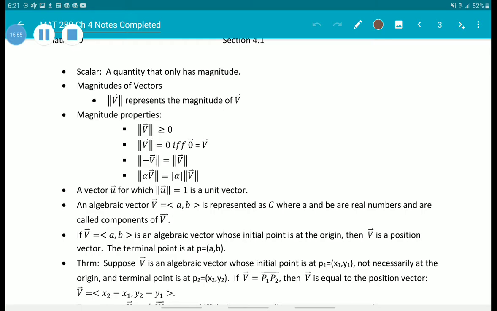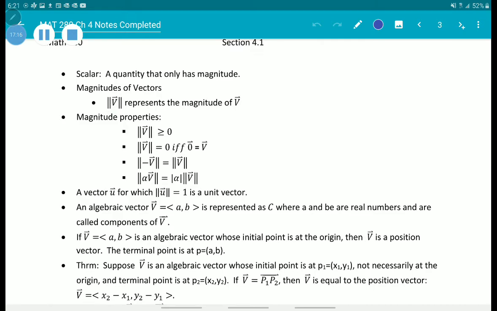So just to review a few more things about vectors before we finish this review section. When we talk about a scalar, we're talking about a quantity that only has a magnitude. When we talk about the magnitude of a vector, we can use this notation that looks like a double absolute value.